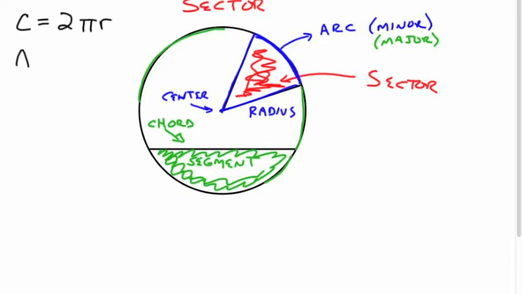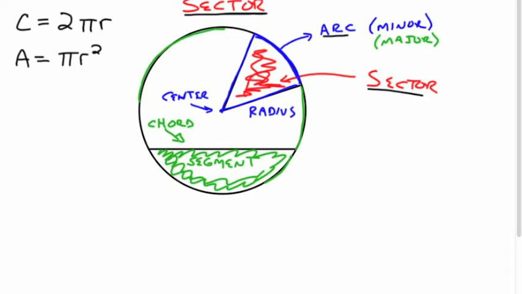And the area of our circle that we've known for many years now is pi r squared. So since we're talking about sectors here, we are going to find the length of the arc, and we're going to find the area of the sector. And all we're going to do is use our circumference and our area formulas that we're already used to using, and just take a portion of it.